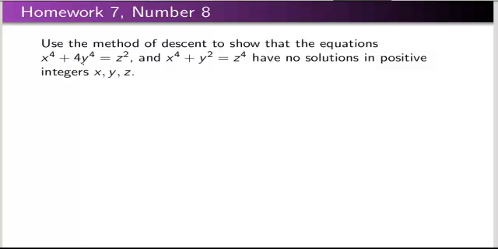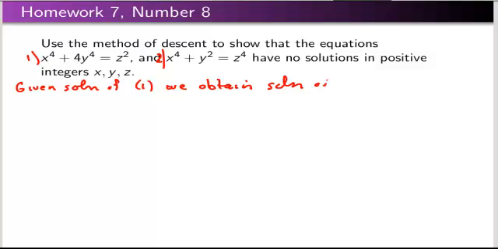So again, how do we get ourselves started? We want to show that, let's call this 1 and this 2, that given a solution of 1, we obtain a solution of 2 with a smaller z value, and vice versa, given a solution of 2, we can obtain a solution of 1.